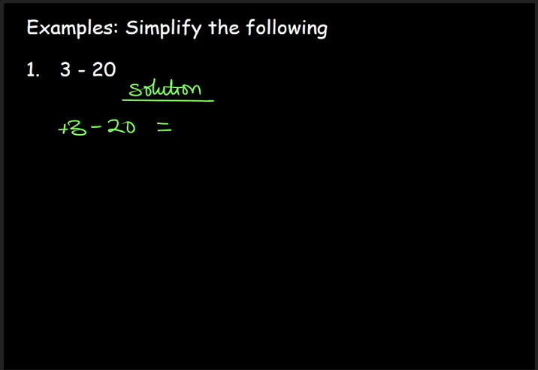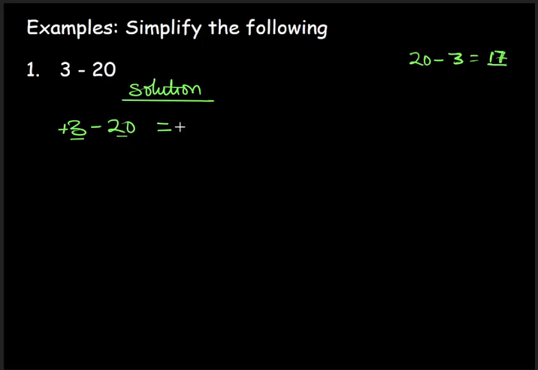So you subtract the numbers and then you keep the sign of the bigger number. So how do we subtract? That will give us 20 minus 3, and that will give us 17. So our answer will contain 17. But what sign will it carry? What was the sign of the bigger number? 3 carried plus, 20 carried minus.